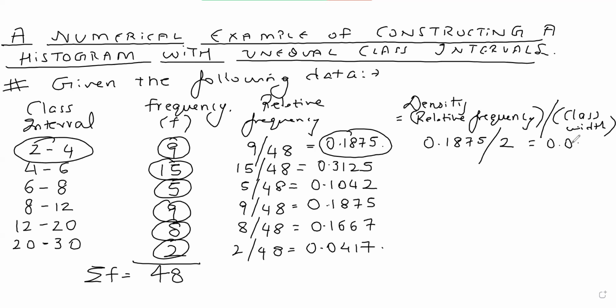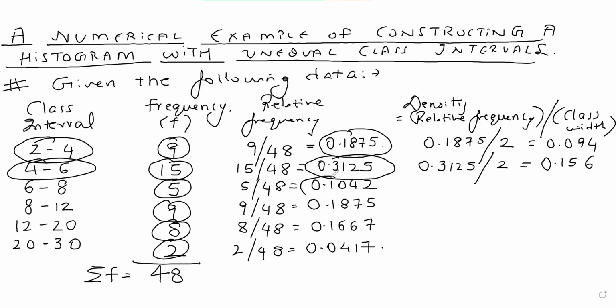Comes out as 0.09. Similarly, my relative frequency for the second class is 0.3125, divided by the class width, again 6 minus 4, 2. Comes out as 0.156. Similarly, 0.1042 divided by 8 minus 6, which is again 2, comes out as 0.052.